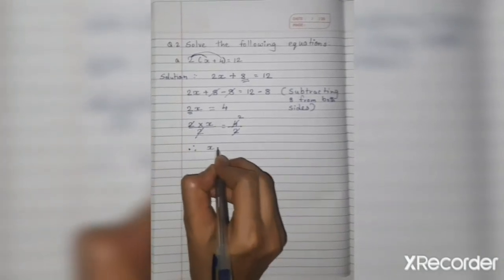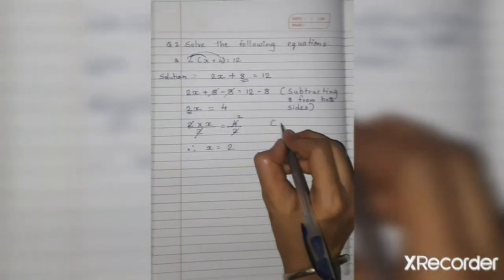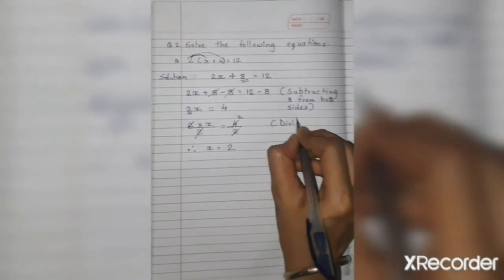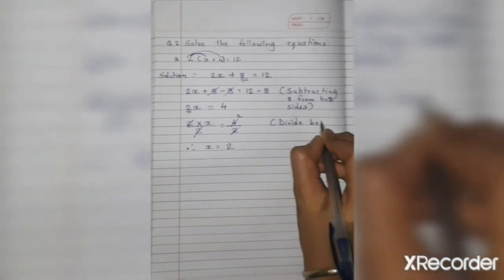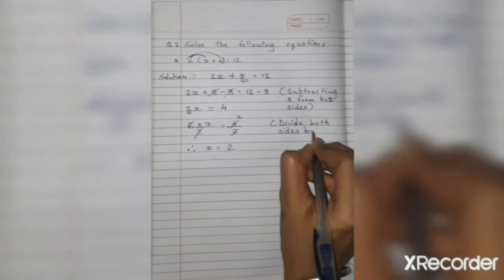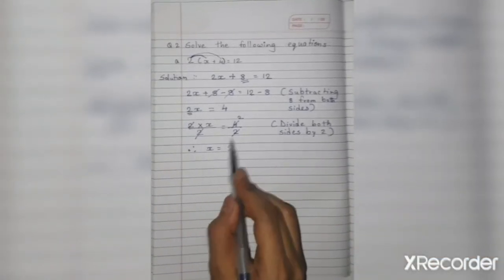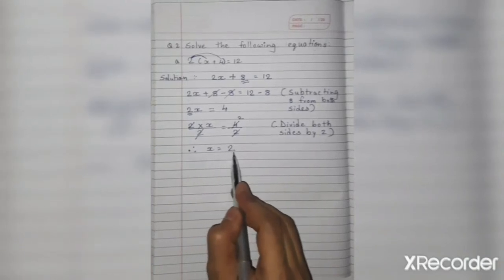So x equals to 2. Here we forgot to write the step. Divide both sides by 2. By dividing both the sides by 2, we will get x equals to 2.